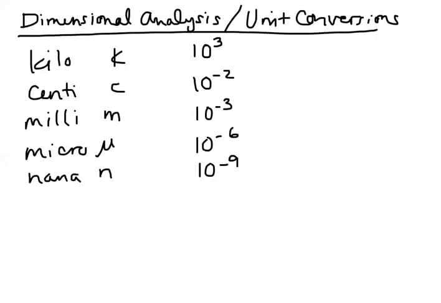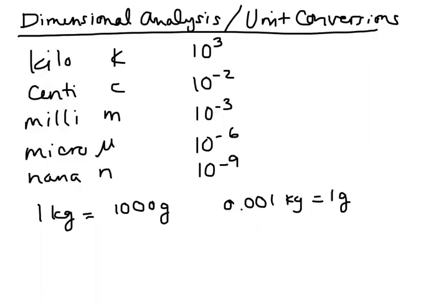So 1 kilogram equals 1,000 grams, or 10 to the 3. 1 gram is a fraction of a kilo, so you need to figure out which is bigger, right? A kilo is bigger. 1 gram is 1/1000th of a kilo. So 0.001 kilograms equals 1 gram. Okay? Both of these statements are true. And you need to be able to identify that a kilo is 1,000 because it's bigger, grams are smaller. So 1 gram is a fraction of a kilo.